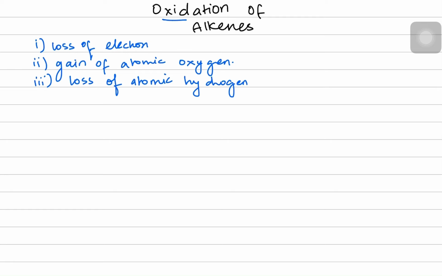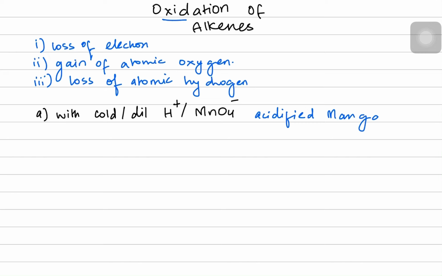There are two kinds of oxidation of alkenes. The first category is with cold and dilute acidified manganate 7. I'll write the whole name of it. It is known as acidified because acidic medium is the one where it reacts. So acidified manganate 7. Why 7?